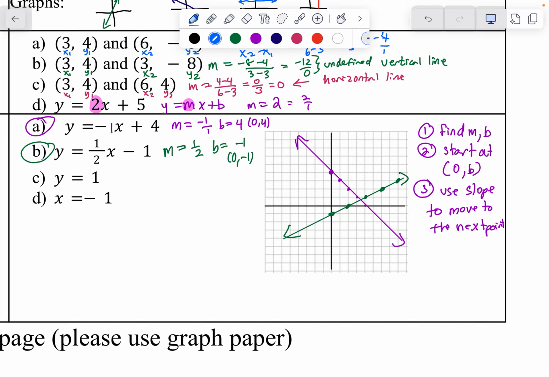Now, C and D, you just have to recognize what they are, okay? So this one is horizontal. This one is vertical. You just have to know that. I don't know how else to tell you. It's just a matter of knowing that fact. So if it's y equals a number, my y is stuck at a height of 1.